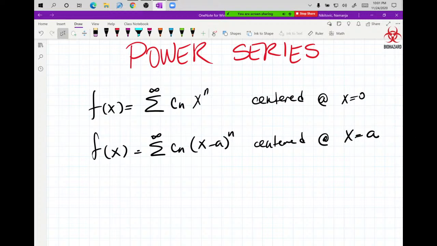But with this, we will be solving our differential equations in chapter 8. We will assume the solution to be this power series going from 0 to infinity of Cn x to the n. And then we will differentiate it twice and plug it into the differential equation and so on.